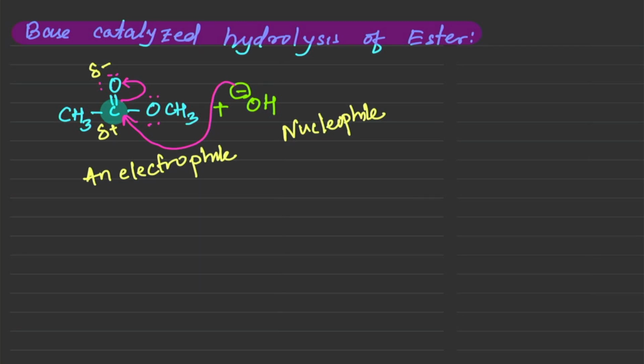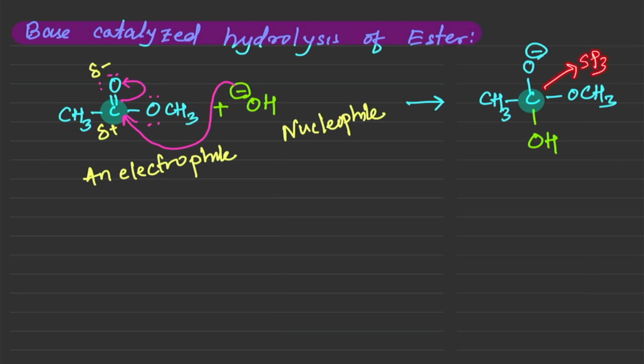So you will have OCH3, and you just added OH. This is the tetrahedral intermediate. This carbon atom is now sp3 hybridized; before it was sp2 hybridized. Going from sp2 to sp3, it becomes tetrahedral. So this is our tetrahedral intermediate.